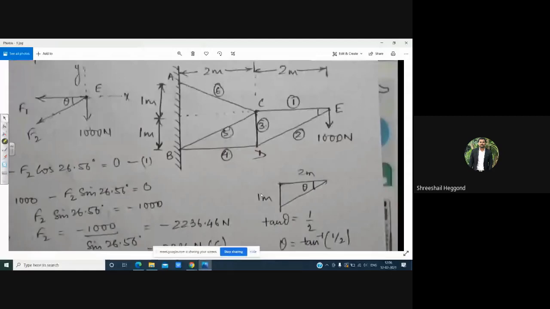Okay. This numerical we solved in the last class. We calculated the component of force for the first member and the second member. Hope everybody got the same answers.